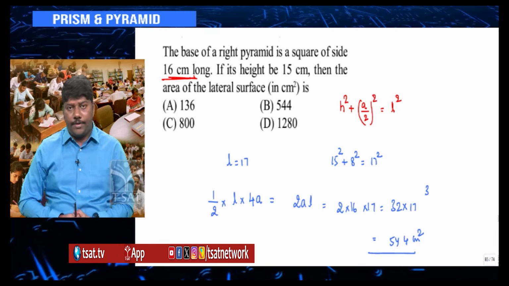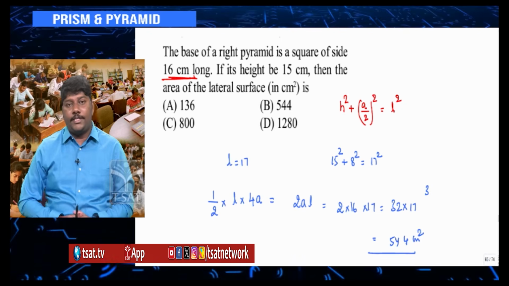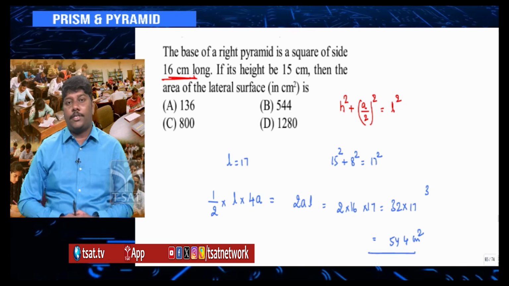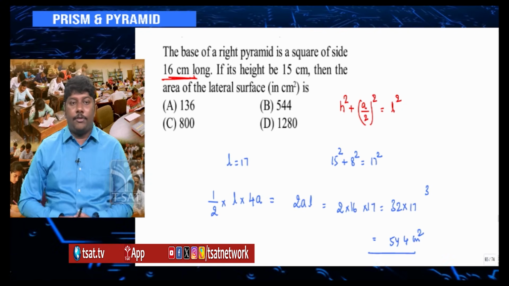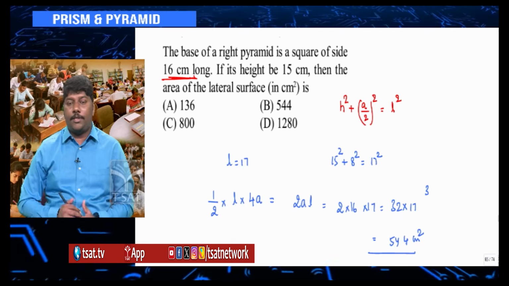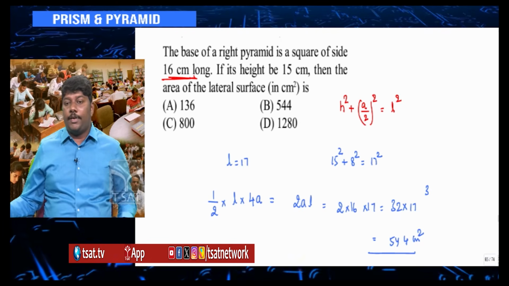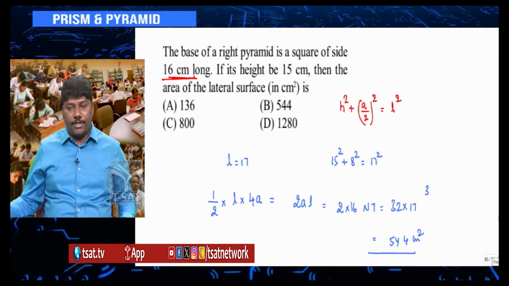If you want the total surface area, just take the area of the square, that is 16 into 16, 256, and add the base to the lateral surface area in order to get the total surface area.